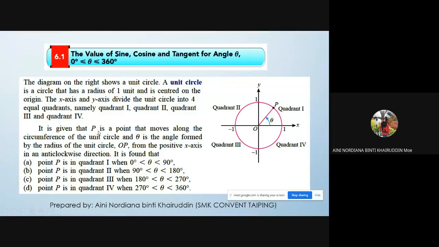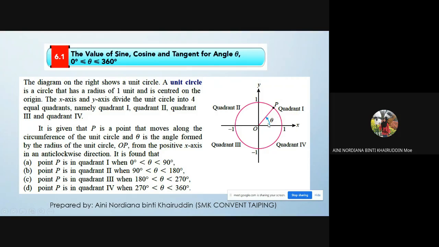It is given that P is a point that moves along the circumference of the unit circle and theta is the angle formed by the radius of the unit circle OP, from the positive x-axis in an anti-clockwise direction.